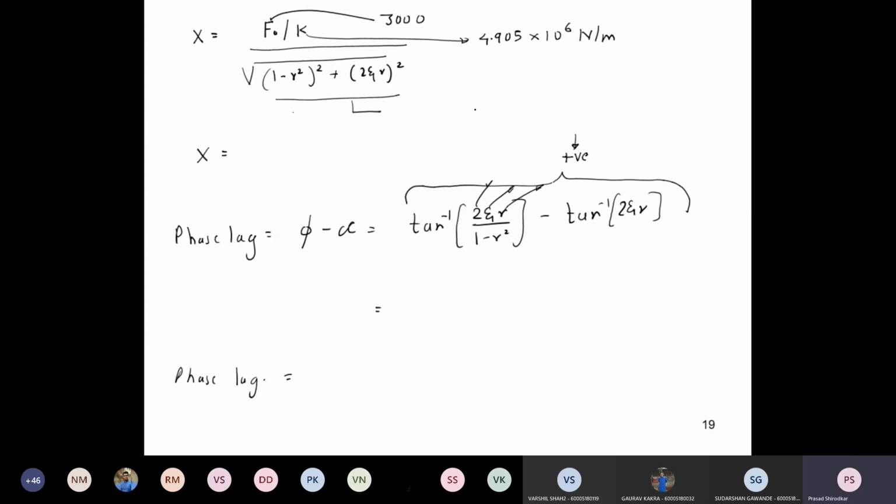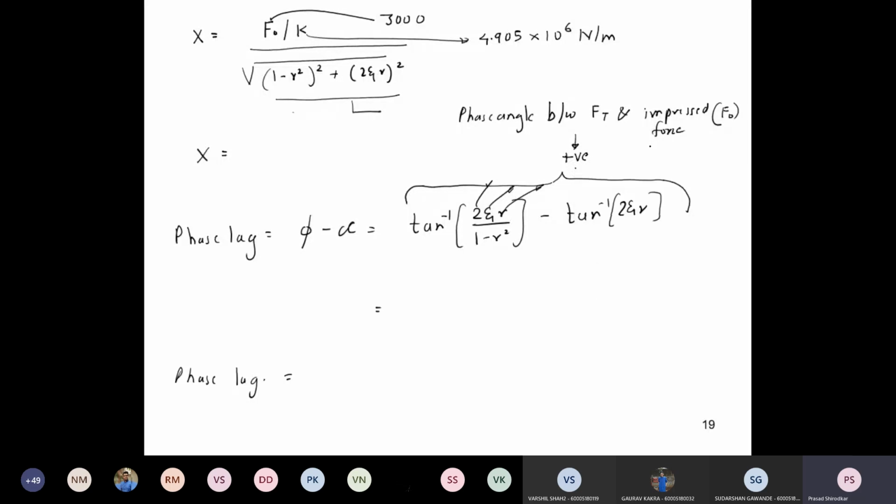The phase angle between force transmitted and impressed force. Impressed force, it is F0. Alright. So this value cannot be negative.